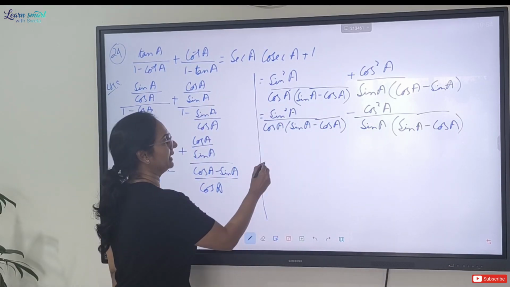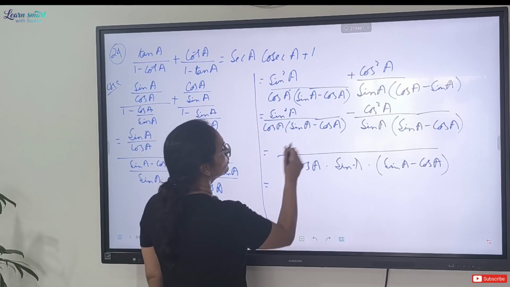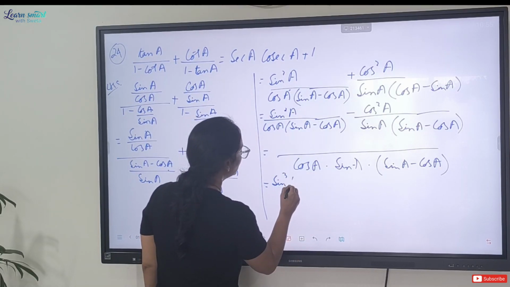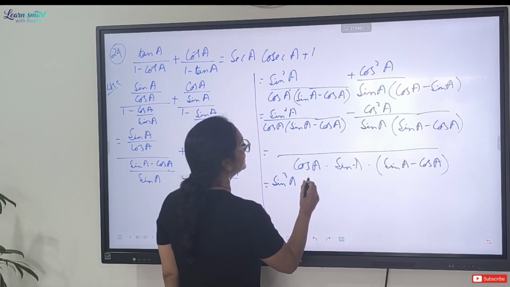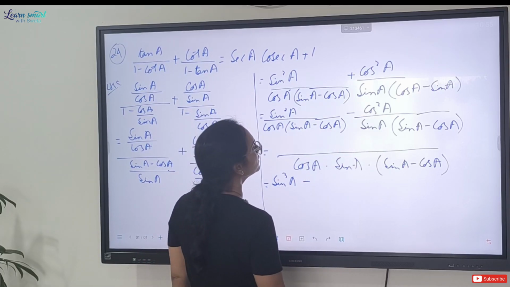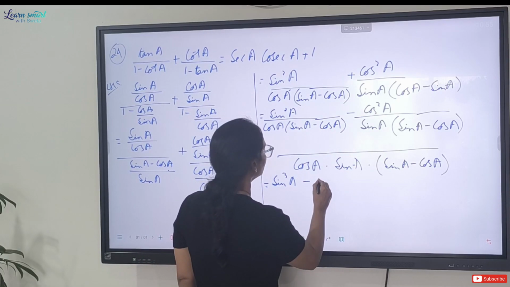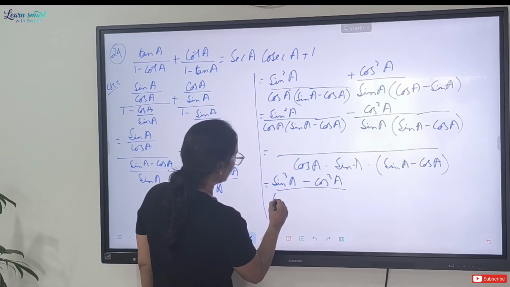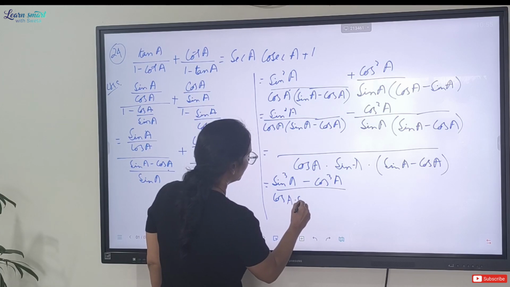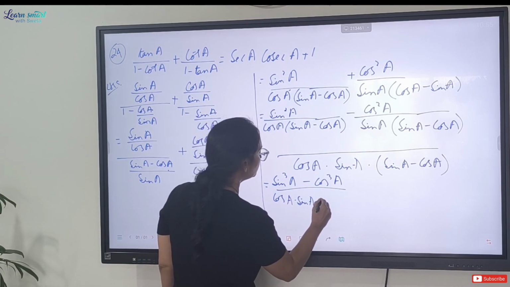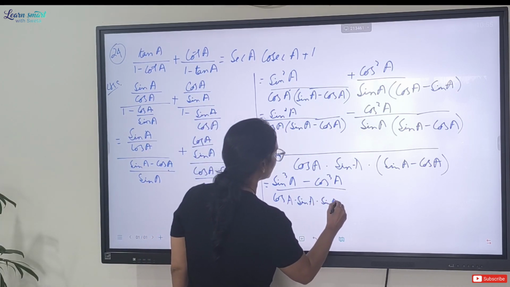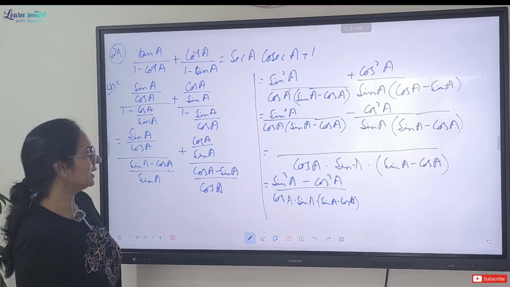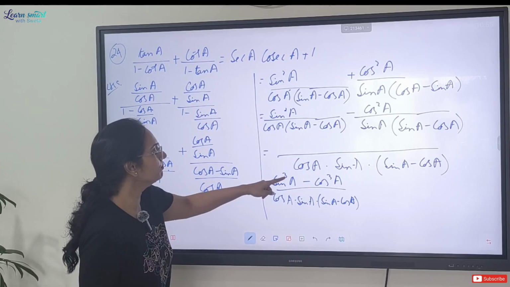Okay, now LCM, cos A into sin A minus cos A, we get sin cube A, and minus, same way here we get cos cube A, and upon we will write that same thing, cos A into sin A minus cos A. Now this is in the form A cube minus B cube.